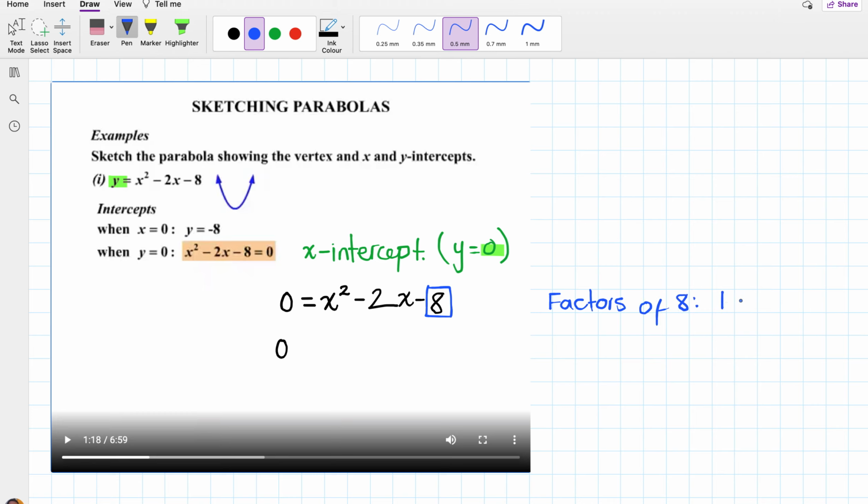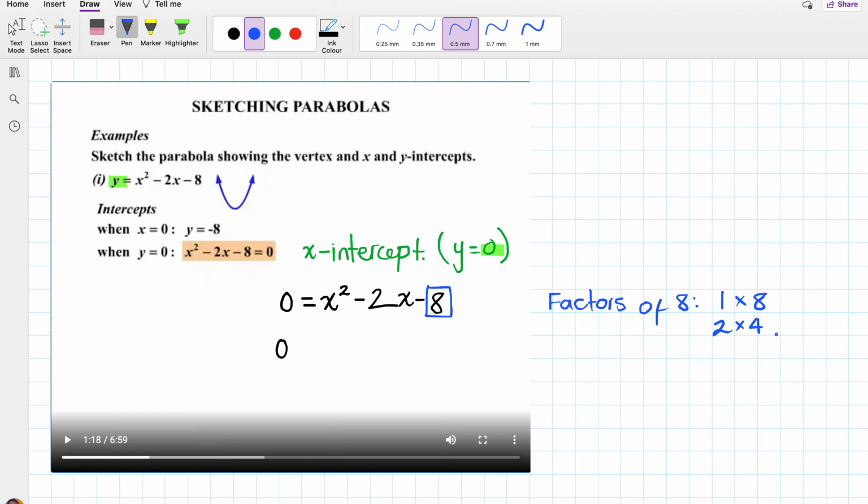So what options do I have? 1 times 8, then 2 times 4, and that's it. Agree? But I know that when I multiply them, it has to be equal to negative 8. So that means that one is going to be positive and the other one negative. But I also know that when I add them, they have to add up to negative 2.